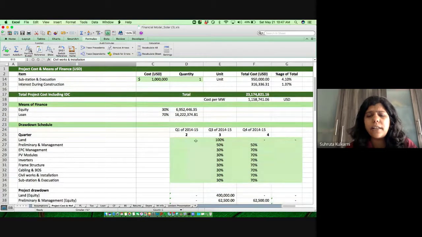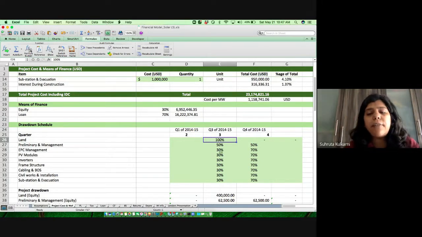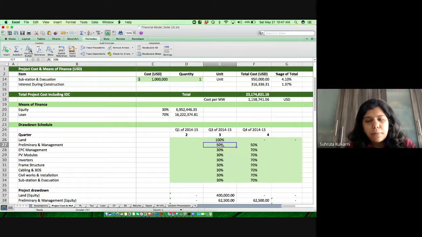Then what I've done here is that, see, land is something that I will need from day one, right? My project can't come up if I don't have the land, right? Then typically vendors, like if I'm sourcing my solar modules or any service, will typically ask for 30% advance payment, right? Some might ask 50%.